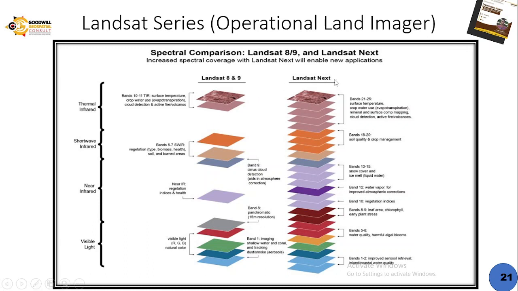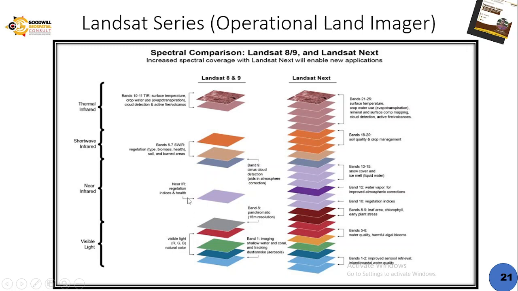Then the next series of Landsat is this, where we have 25 bands. Landsat 8 and 9 have 11 bands from band 1 to band 11. Band 1 operates in the visible range, that's the RGB coloration, the natural color.